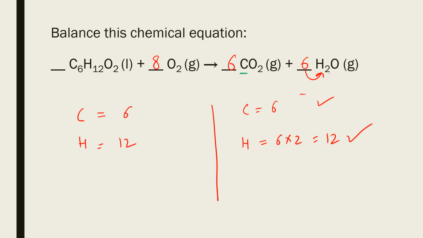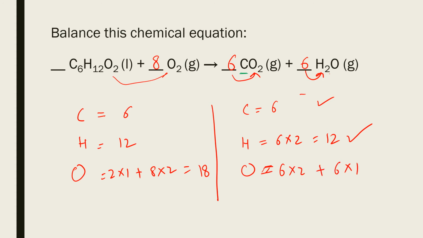So that's also good. And in the reactant side, oxygens are 2 times 1 plus 8 times 2. That comes out to be 18. And in the product side, oxygens are 6 times 2 plus 6 times 1. That is also 18. So every atom is balanced.